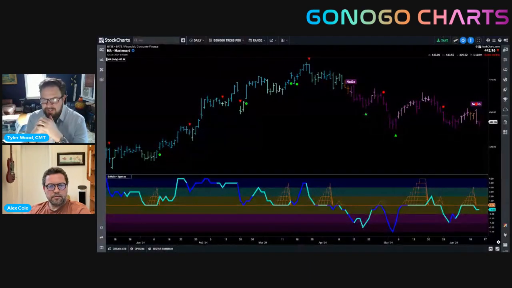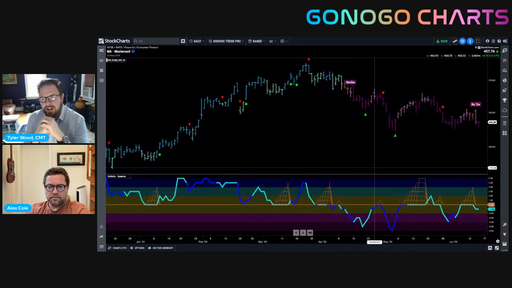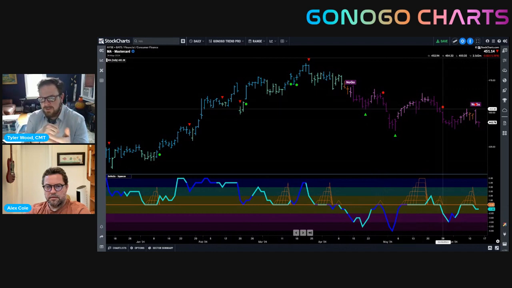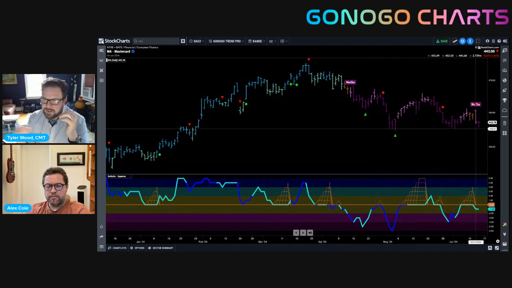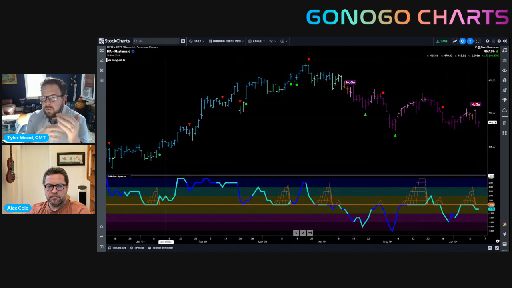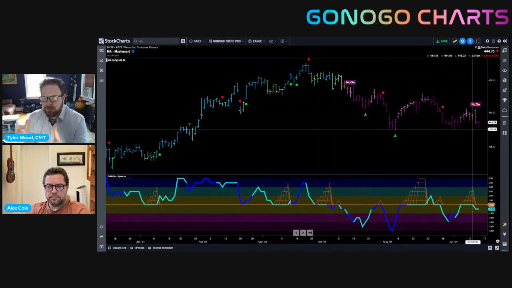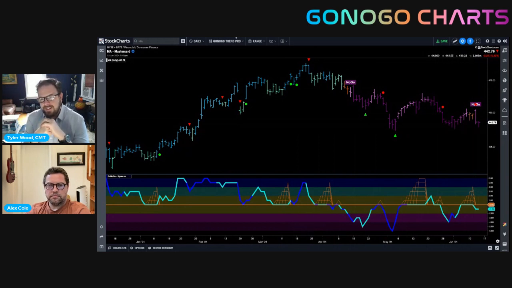And there we saw multiple tests of the zero line, and those red circle icons on that chart of MasterCard give us that trend continuation. The same way we would use it in holding through an uptrend, we can hold through downtrends when we have those quantifiable confirmations that that was a relief rally, and there's a chance for adding to our short positions. So great no-go chart there for MasterCard.